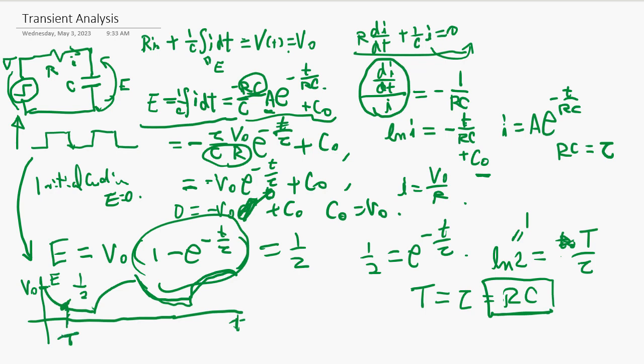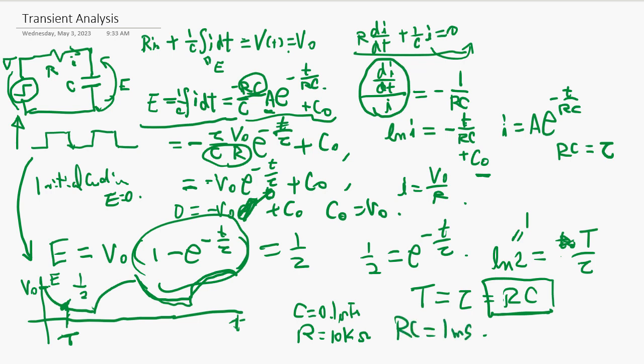So if we calculate RC, we can tell when the voltage becomes half. For example, if C is 0.1 microfarad and R is 10k ohm, then RC is 1 millisecond.